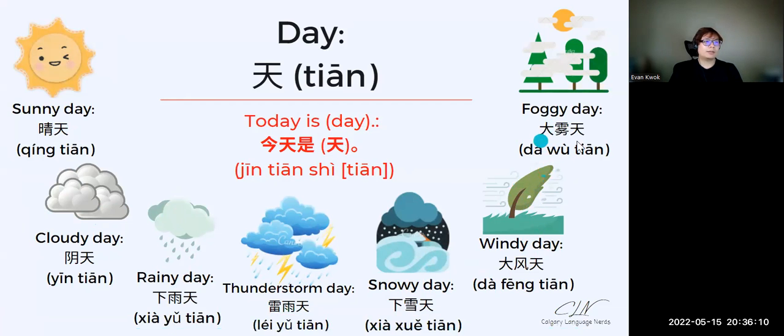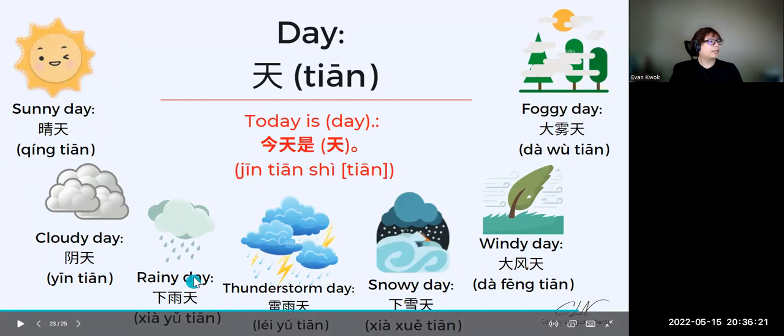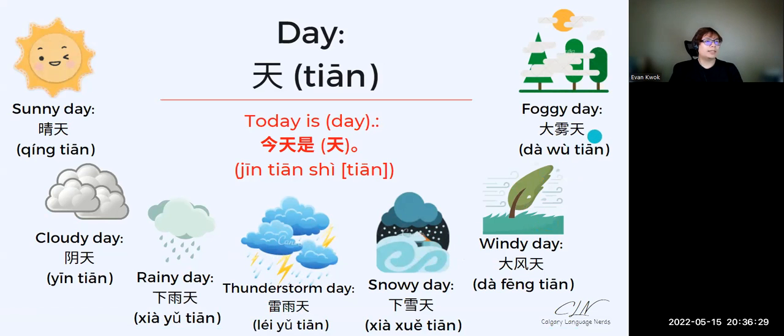So for them, it's really foggy, really windy. But anyways, so we'll say 今天是什么天? 今天是晴天, 阴天, 下雨天, 雷雨天, 下雪天, 大风天, 大雾天.